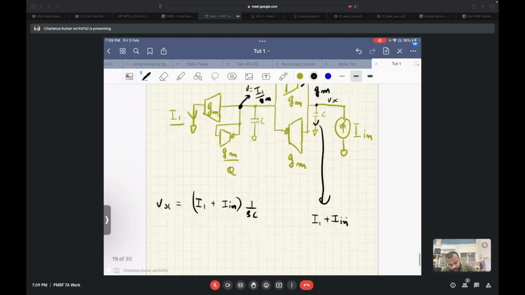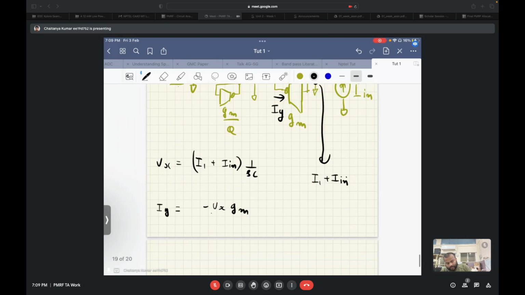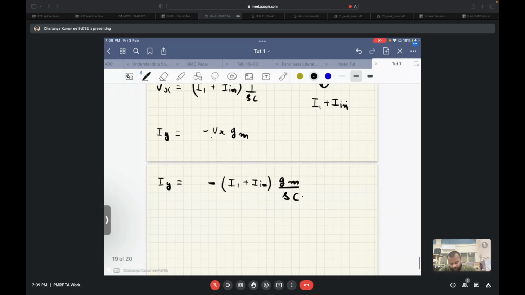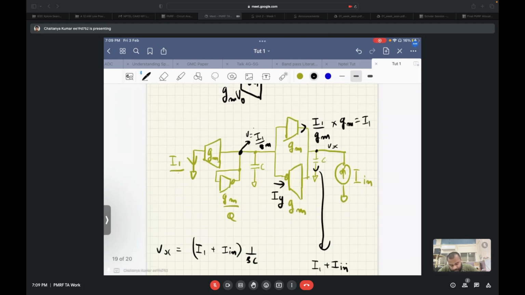And let's call this current IY. So this current IY will be equal to minus of Vx times GM. So IY can be written as minus of I1 plus I in times GM by SC. So now we have the expression of IY.